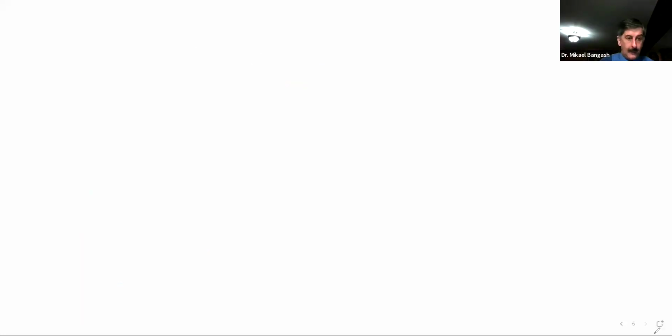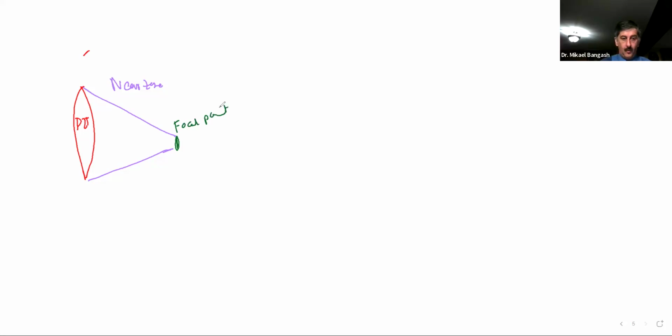Now, another thing. Let's say this is our near zone, because the beam reaches its narrowest point, which is the focal point, also referred to as the focus.